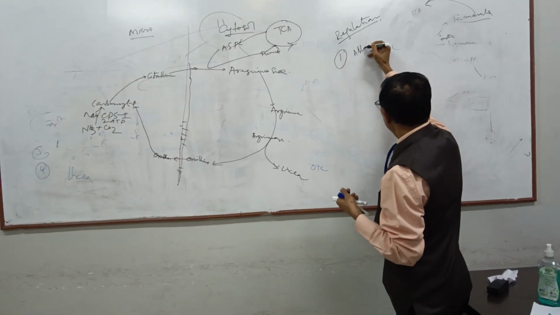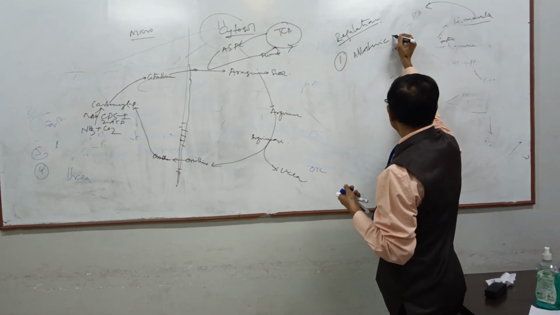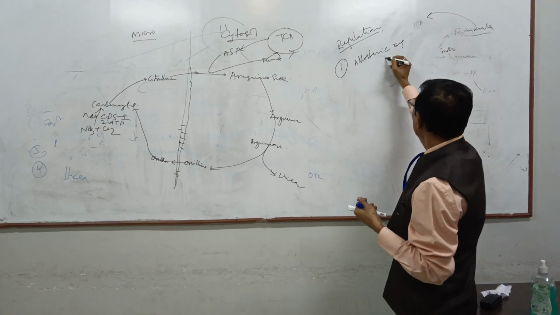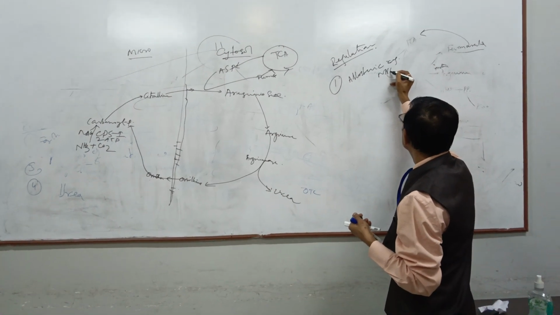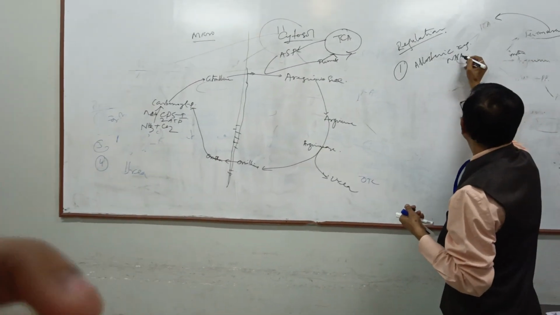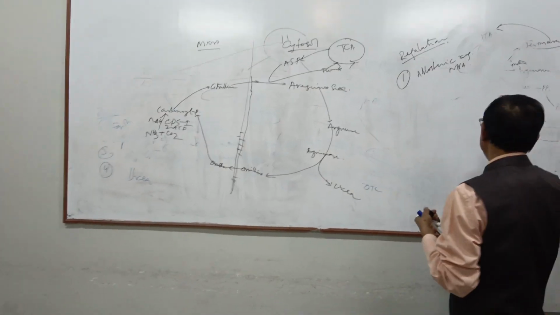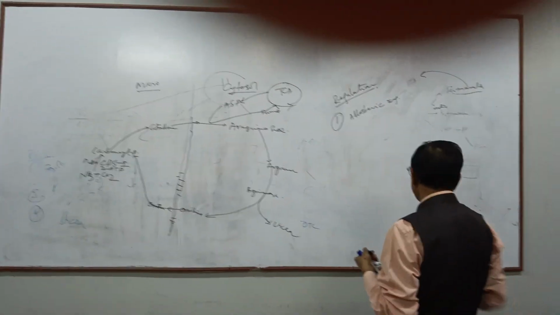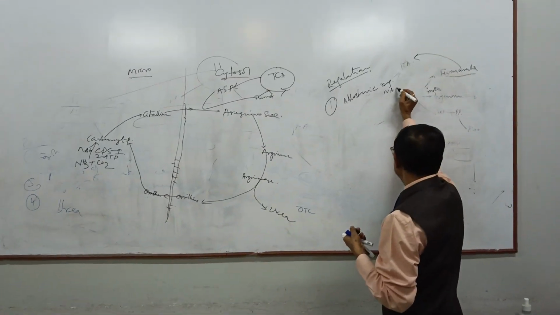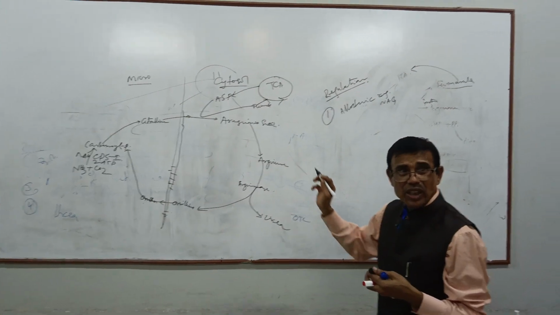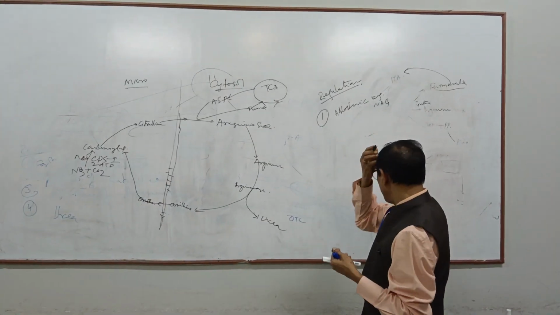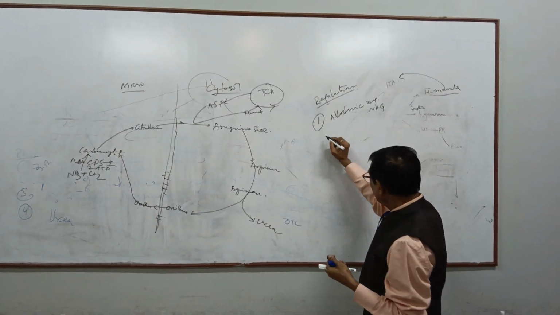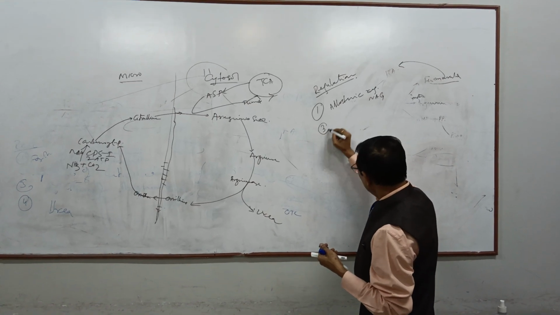What is that? NAG, N-acetyl glutamate, is the activator of this cycle. It is regulating this cycle. Number 2 is known as compartmentalization.